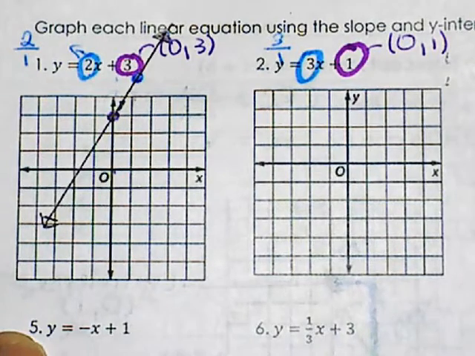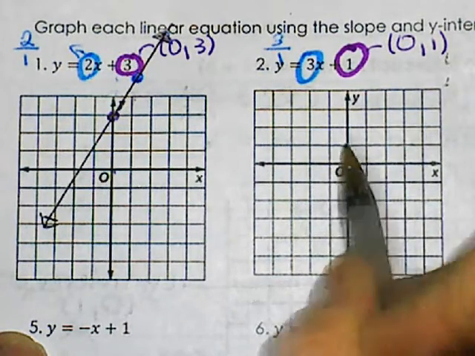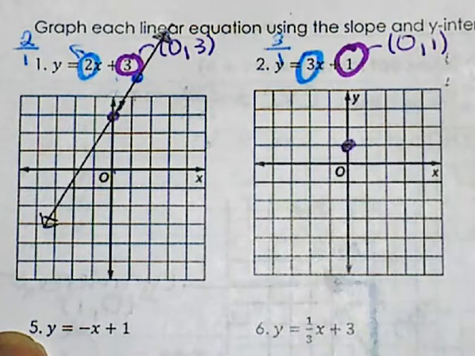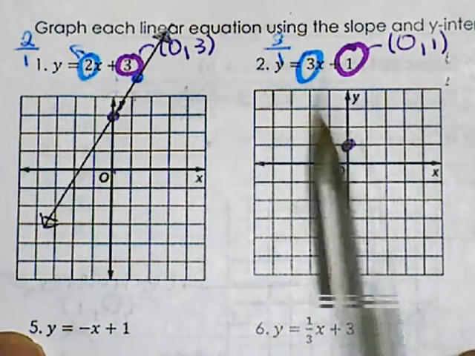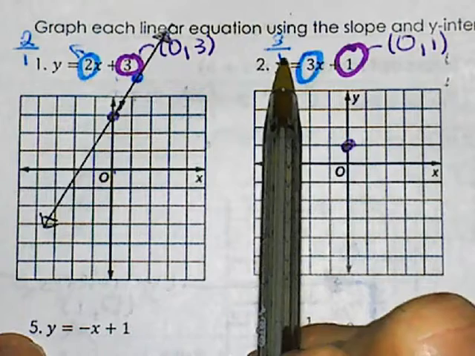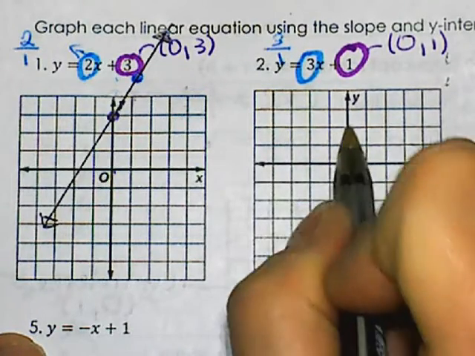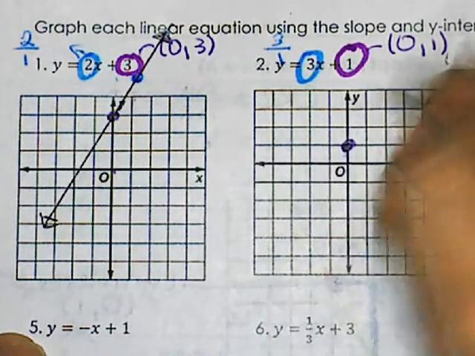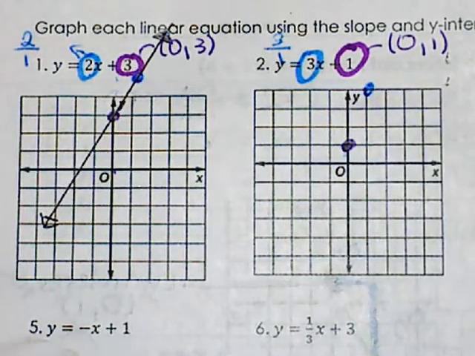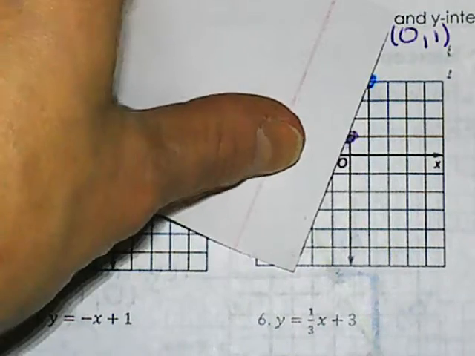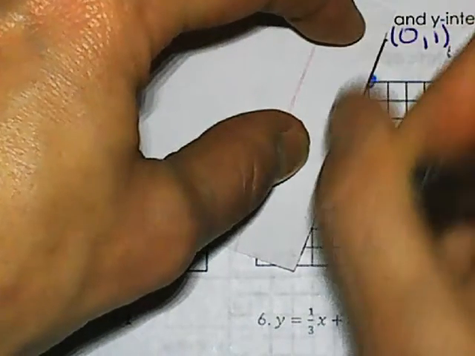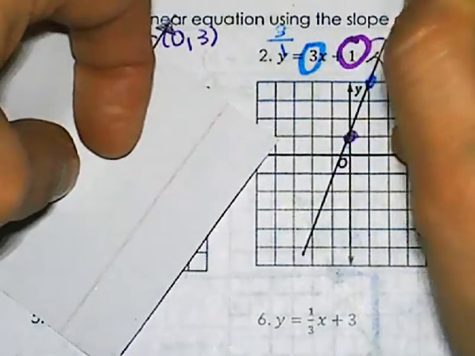So I'm going to plot my y-intercept first at 0, 1. Then I'm going to find my next point at 3 up, 1 right. So I'm going to go up 3 and go right 1. And using whatever straight edge I can, I'm going to connect my 2 dots and have my line.